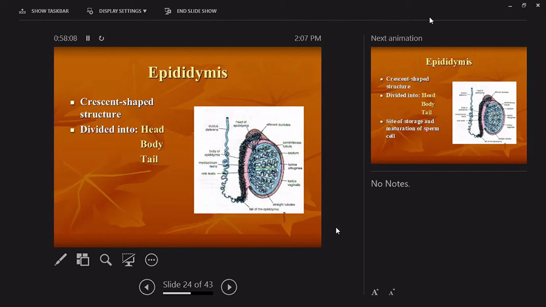Again, I'll just point out to you, do not forget your straight tubules in your testis, your rete testis, and then the efferent ductules, and then the epididymis, the head of the epididymis, and then the tail of the epididymis going into what becomes the ductus deferens.